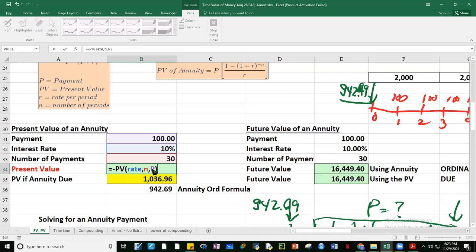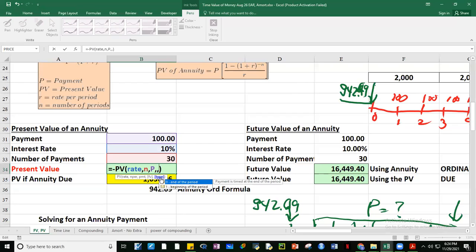Notice also that, comma, future value, we ignore kasi wala naman tayong future value. Ang sinasabi lang sa atin, meron tayong annuity na 100. Ang tinatanong sa atin, magkano equivalent value niya ngayon? So you can type 0 there or ignore it.